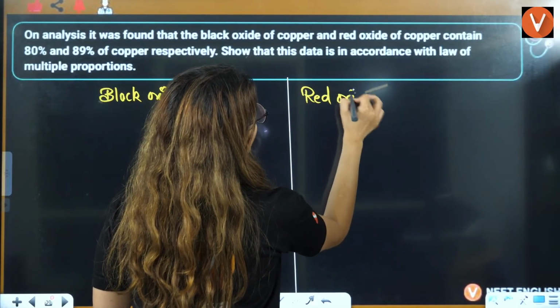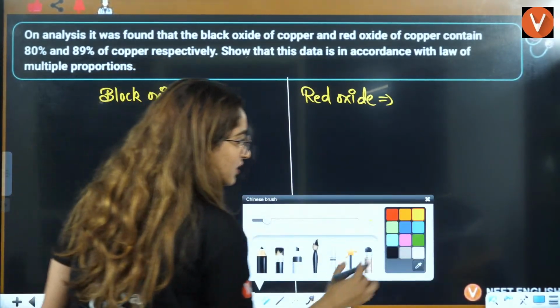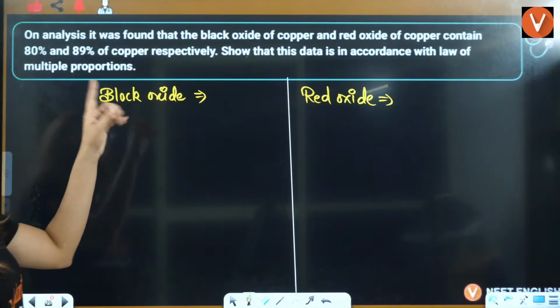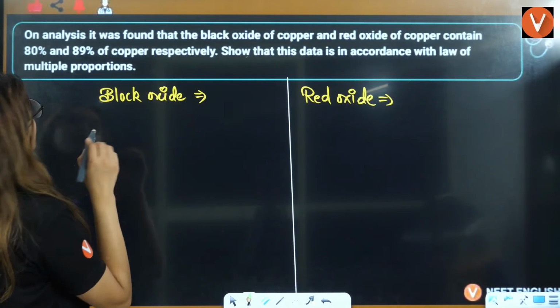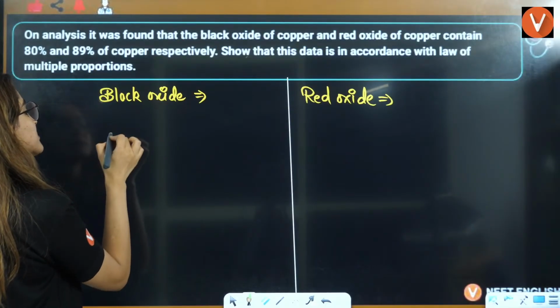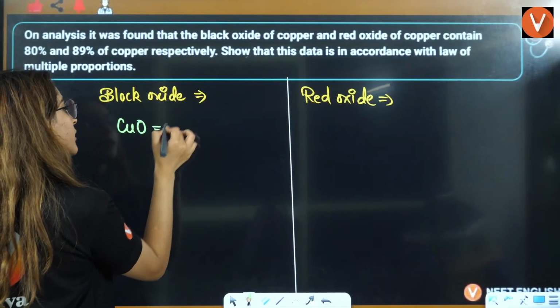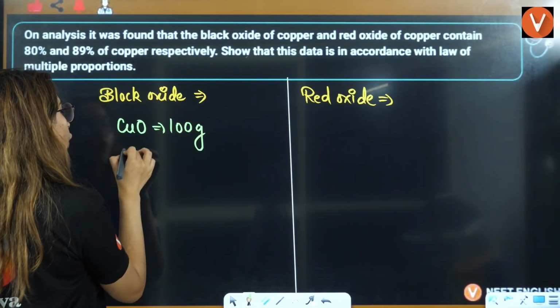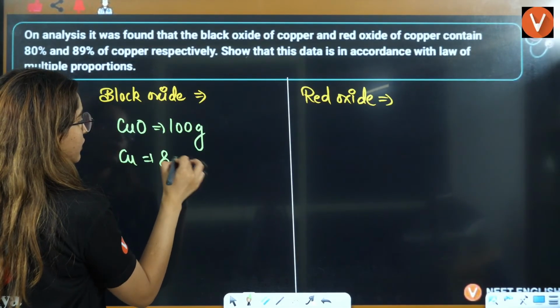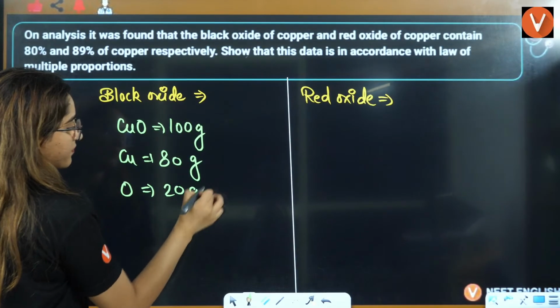I'm assuming that you have no idea. So, black oxide of copper and red oxide of copper contain 80% of copper. If I take copper oxide as 100 gram, then copper will be 80 gram and oxide will be 20 gram. Okay?